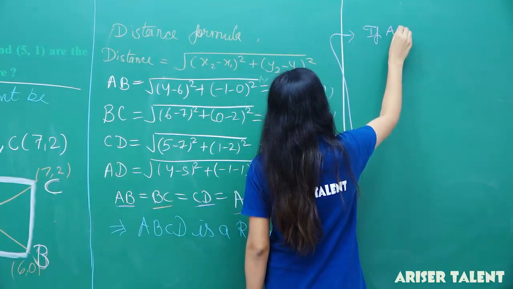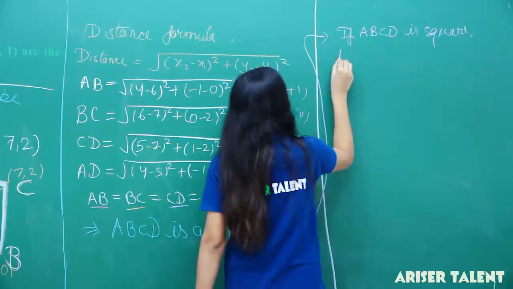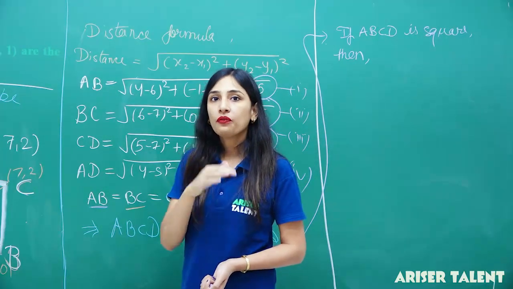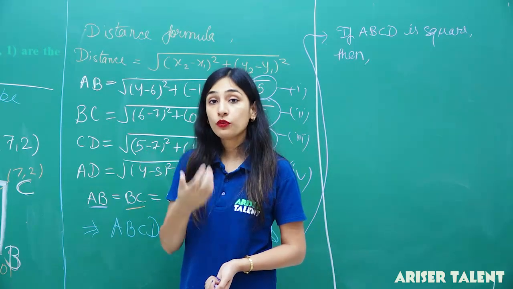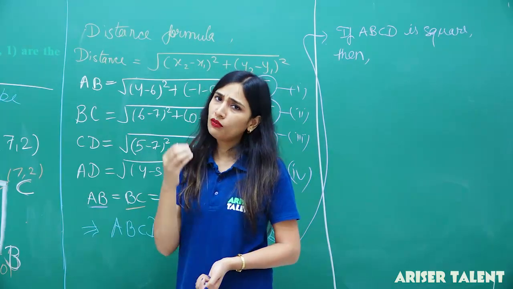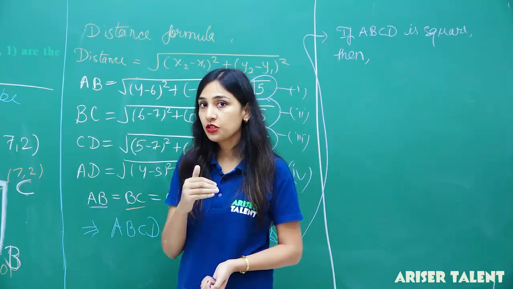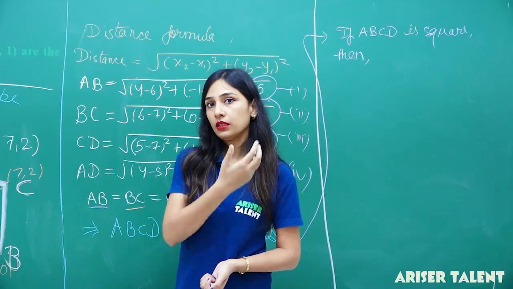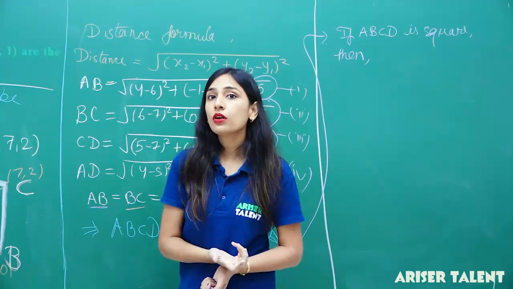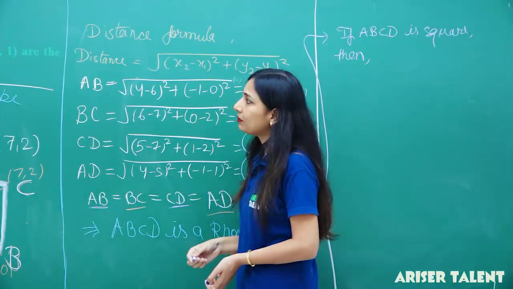If ABCD is a square, what we generally do to find out whether a statement is right or wrong is assume that it is true, and on the basis of this assumption we derive things that should follow. If they are not followed, that means what we have assumed is wrong.